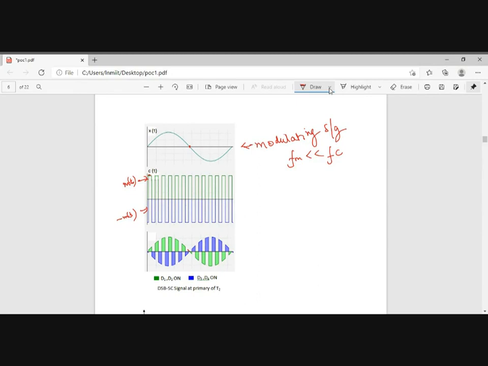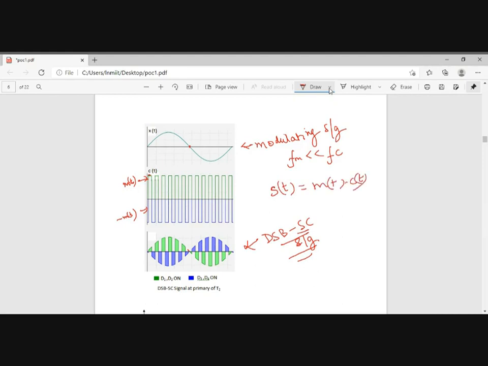So this will be like this. This will be our DSB-SC signal. That means our s(t) will be equal to m(t) into c(t).